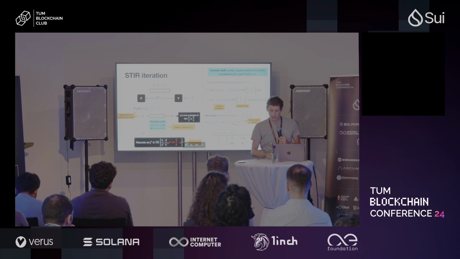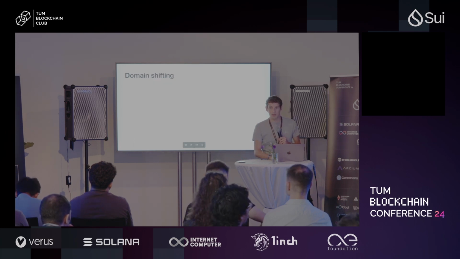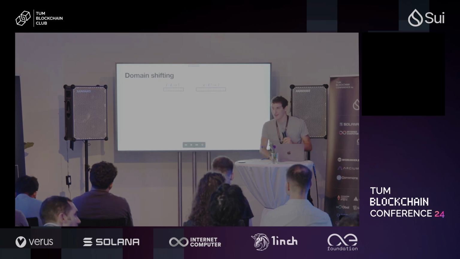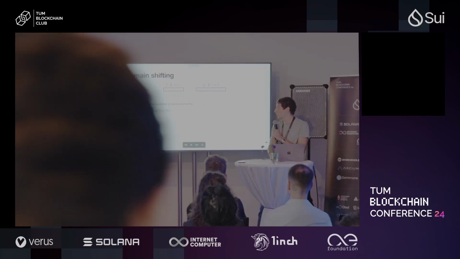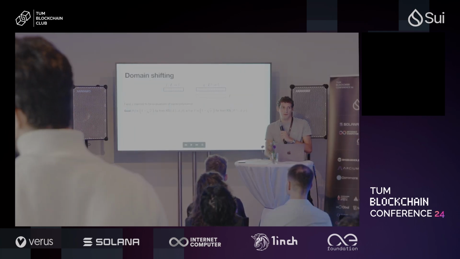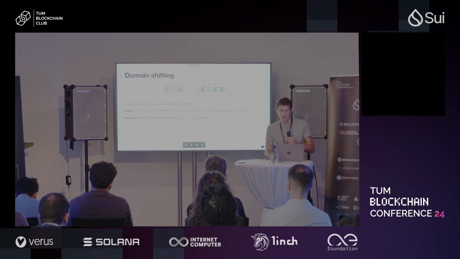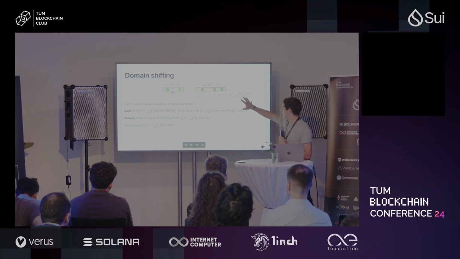Okay, so talking about the domain shifting, I don't know how much time I have. Yeah? Okay, so domain shifting is basically using some of the ideas that we've seen before. Roughly, you want to check the two things that are claimed to be evaluations of the same polynomial, and you want to define a new function. The way that you end up doing this is that, I'm going to skip that part quickly, you end up testing a function which is a quotient.